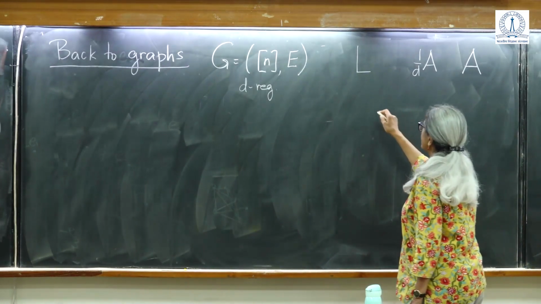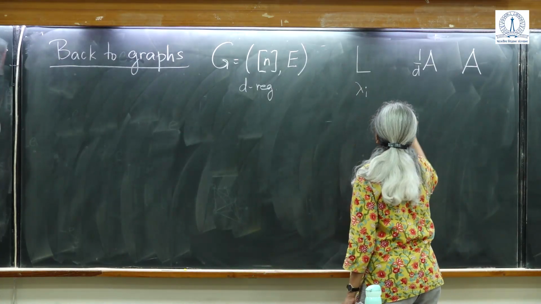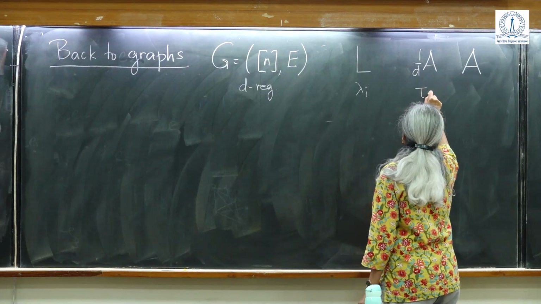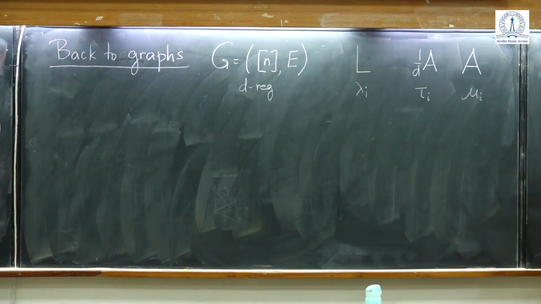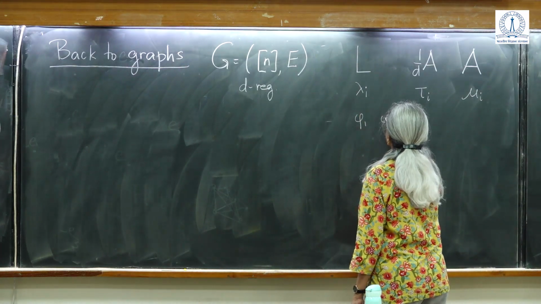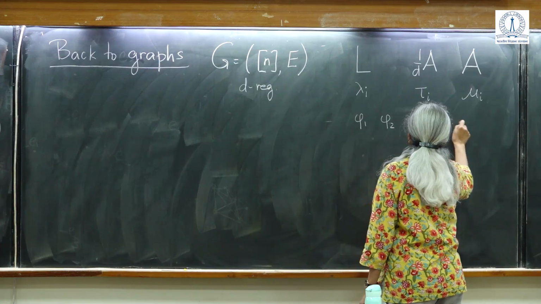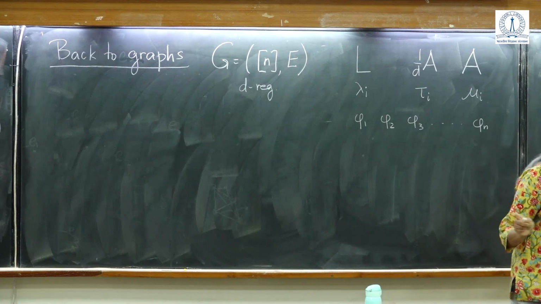No matter which matrix you pick, it has eigenvalues. These had eigenvalues lambdas, these had eigenvalues taus, and these had eigenvalues mus. This was our convention. And they were ordered in different ways depending on which matrix you got. But we definitely had orthonormal eigenvectors. All of these have orthonormal eigenvectors, which we call phi1 through phi n.